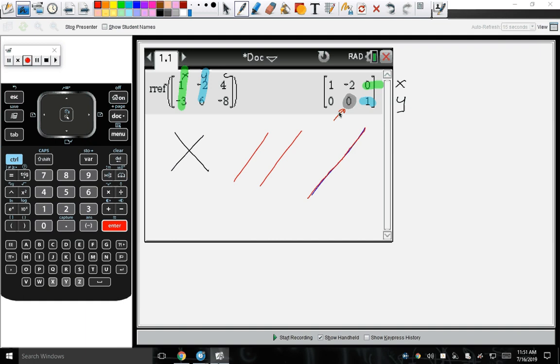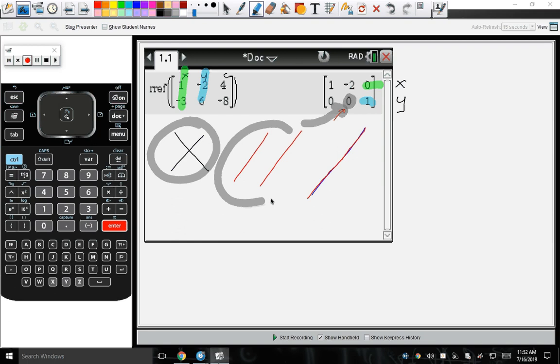No solution. Because this number that I just highlighted is huge. If it's 1, where I just highlighted it gray, it's going to be one answer. And if it's anything other than 1, any number, it could be 20, 100, negative 3, even 0, it'll be either no solutions or infinite solutions.